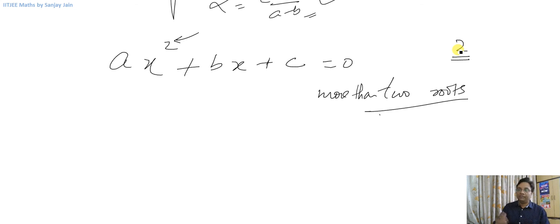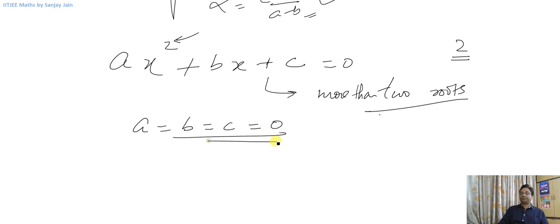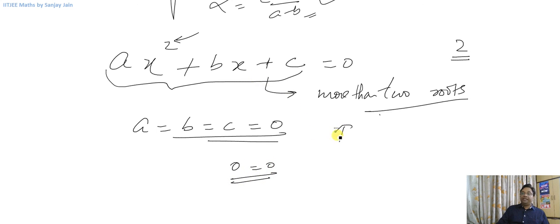It cannot have more than two roots. But if it is given in the question that it has got more than two roots, then you can immediately tell that a equal to b equal to c is equal to 0. That means this entire left hand side is nothing but 0, and 0 is equal to 0 will be an identity.